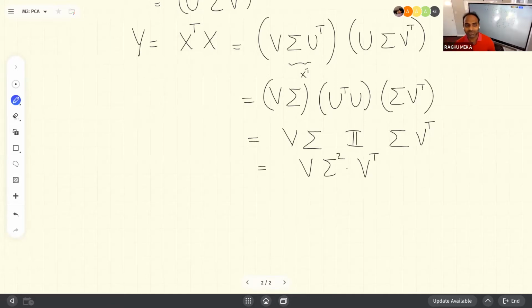So when I look at X transpose X, all the information about U disappears. There's no U, there's only V. It only depends on V and sigma. And what are the entries of sigma squared?